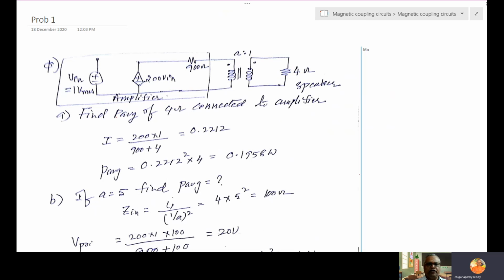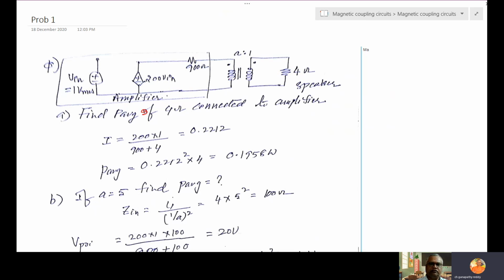What is asked? Find the average power in the 4 ohm if the 4 ohm is connected to the amplifier.